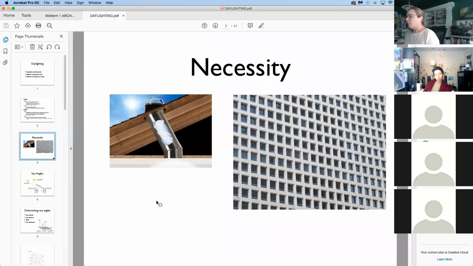But what I want you to think about is how necessary that is. Okay, so on the left here we have a solar tube, which is a skylight, but a particular one that is designed, it doesn't have to be straight, it can use a cylinder to actually bring and reflect the natural daylight down into a space.